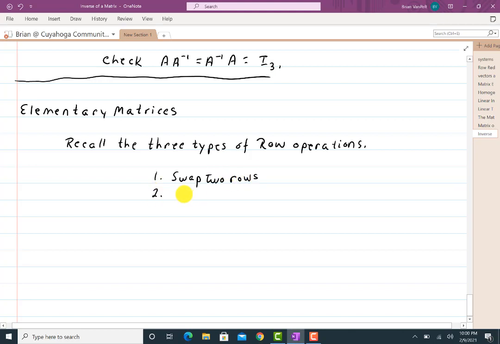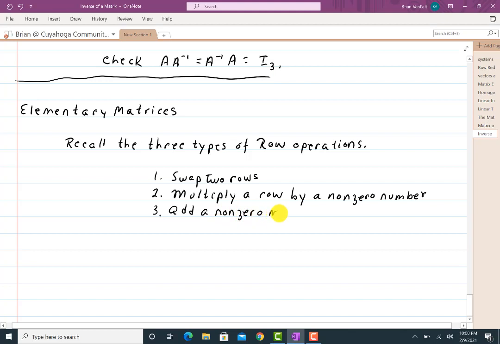The second was to multiply a row by a non-zero number. And third was to add a non-zero multiple of one row to another.